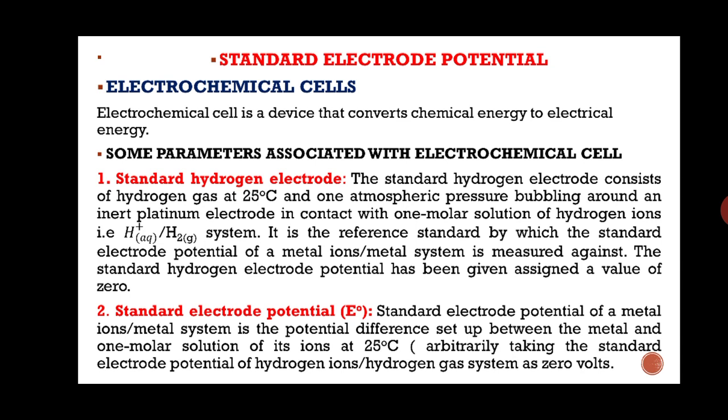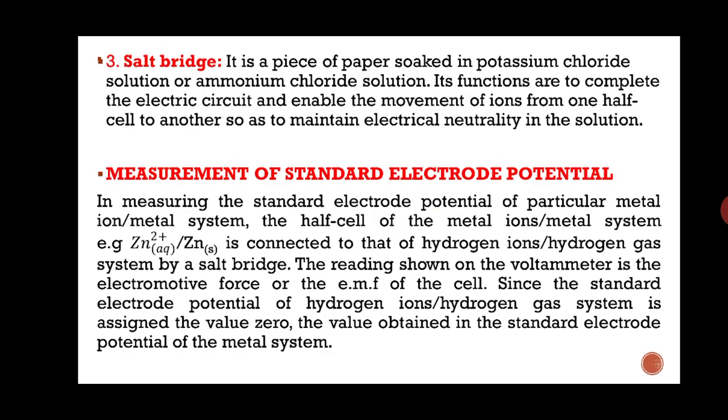So the standard electrode potential is the potential difference set up between the metal and a 1 molar solution of the ions at room temperature. But the standard hydrogen electrode is hydrogen gas at 1 atmospheric pressure and room temperature around the platinum electrode.